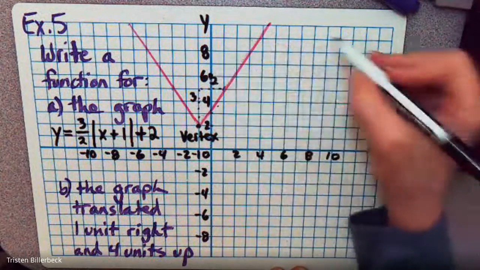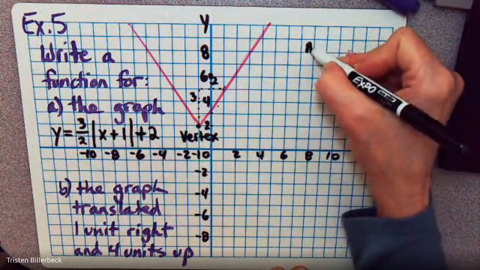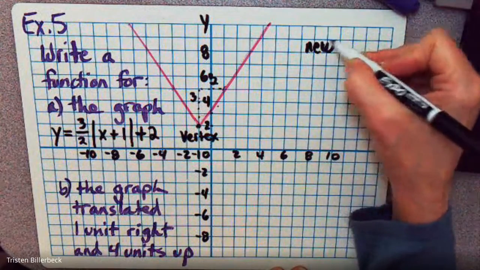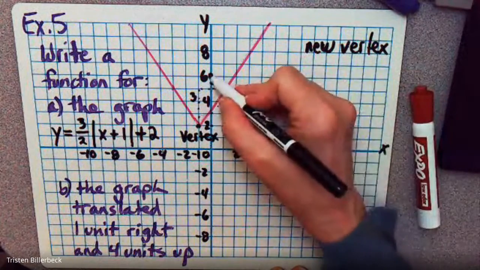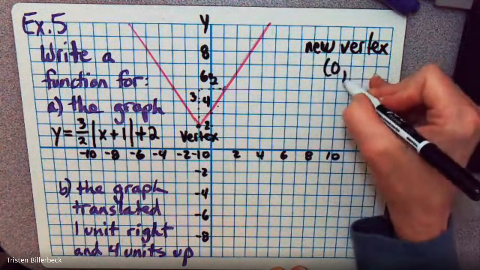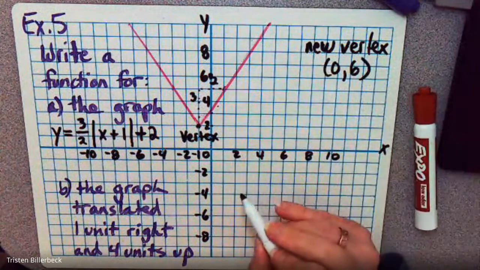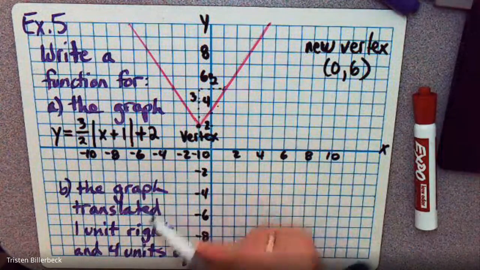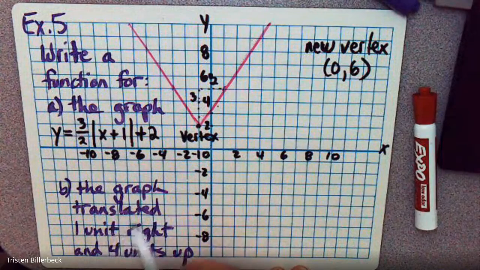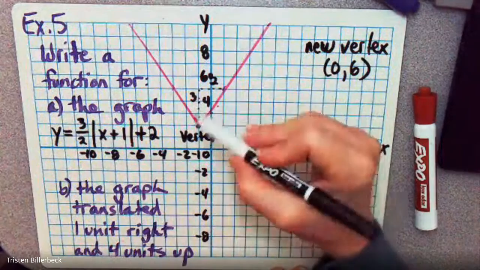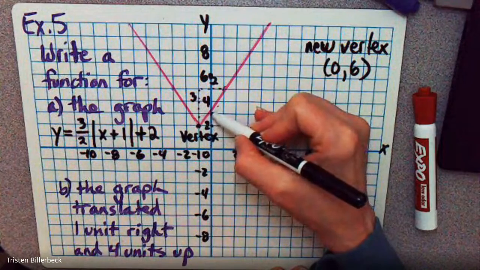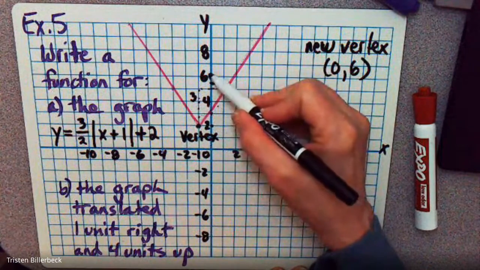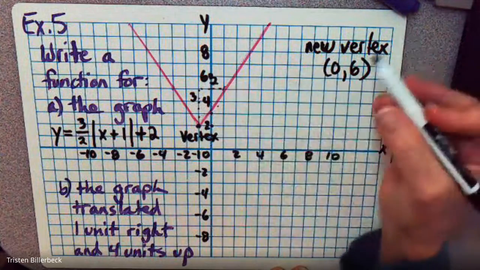Okay, so our new vertex is now at 0, 6. This did not change the slope because it's translated. It's not stretching or compressing. It's only translating, so we moved it right 1 and then up 4. So we went from 2 to 6.